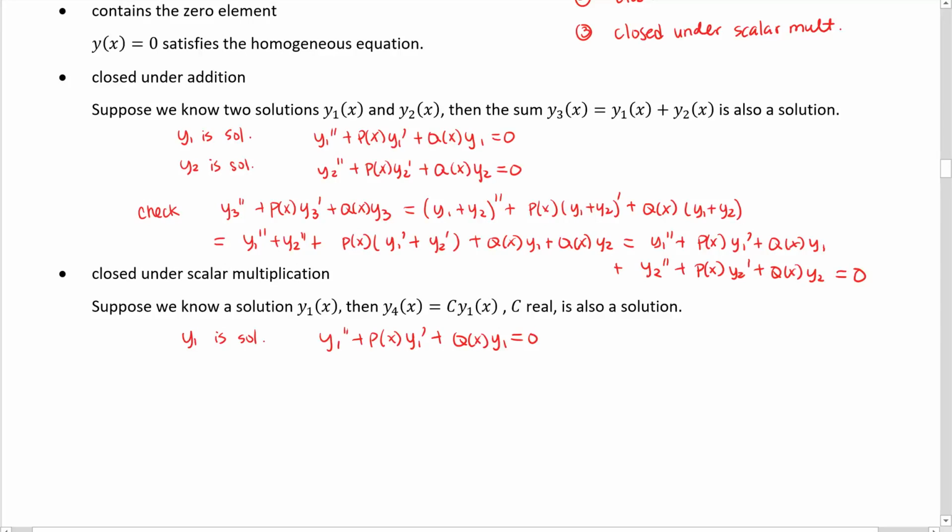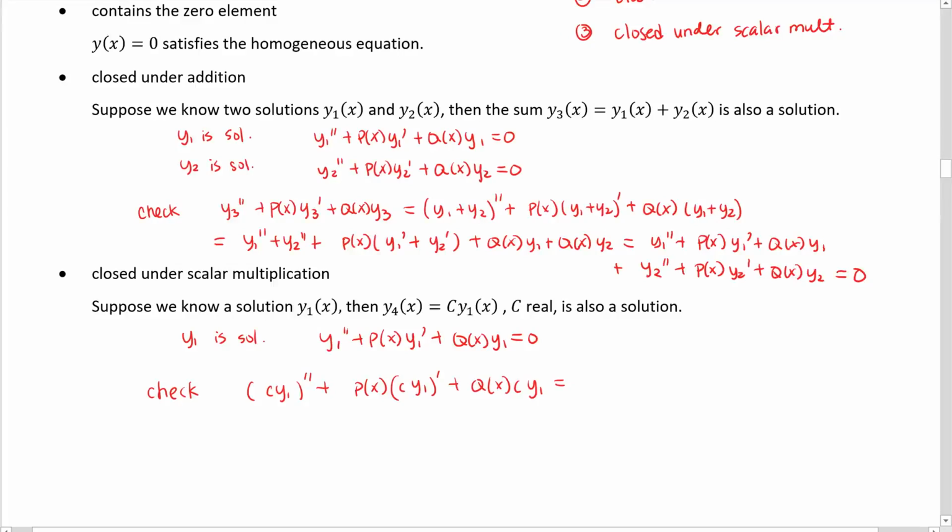In order to check whether y4, a constant multiple c times y1, is a solution, we need to check whether c times y1 double prime plus p of x c times y1 prime plus q of x c times y1 is equal to 0.